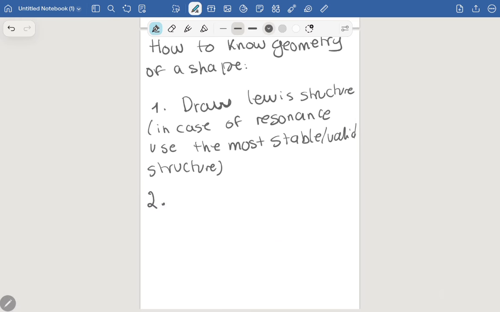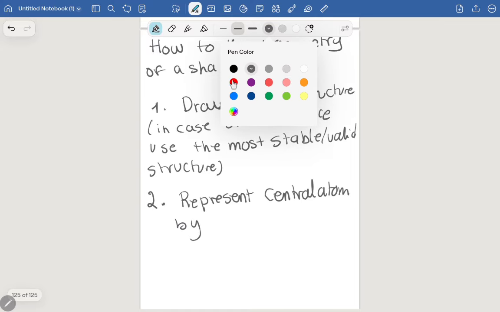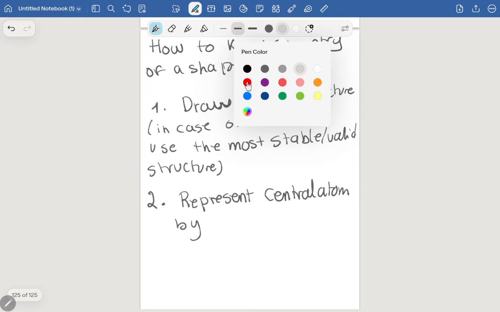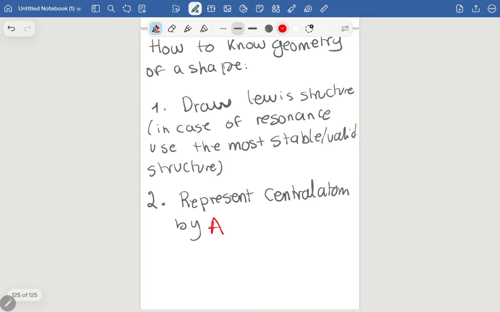Step number 2 is to represent the central atom by A, okay?